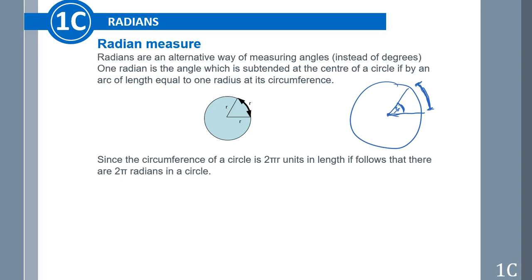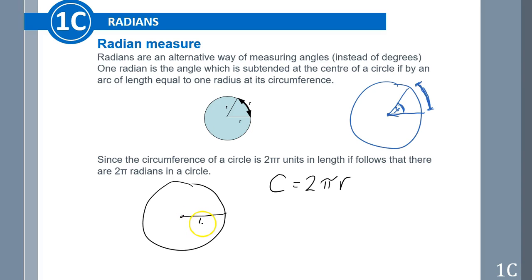You've also probably seen radians somewhere else, because if we look at our unit circle again and want to find the circumference, we can find it using 2 times pi times the radius. That's actually in radians. We normally put it in a calculator and find it in degrees, but that formula is in radians.